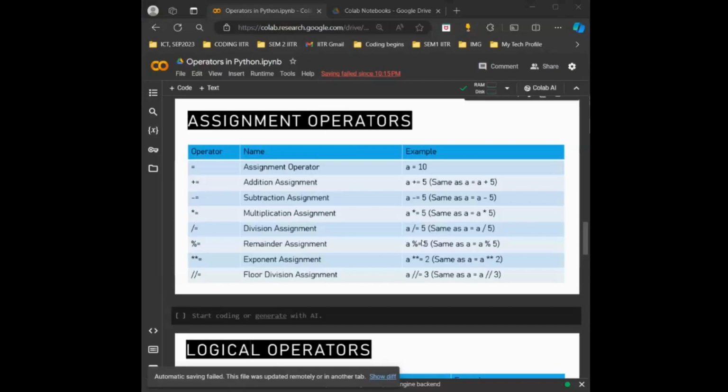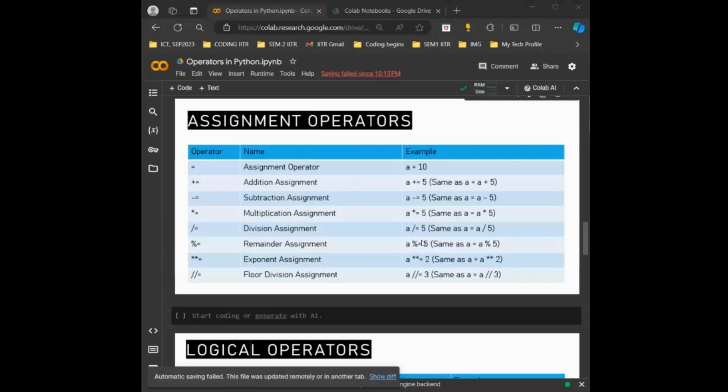We have already discussed variables and data types in the last video, but this time let us understand how to use the operators with the value. Whatever operation is performed on the right hand side of the operator, the result will be assigned to the variable on the left side.